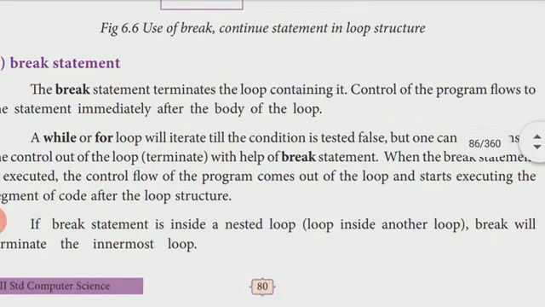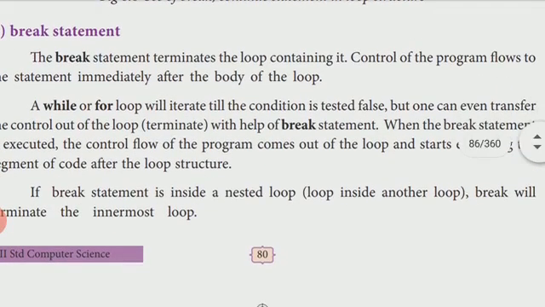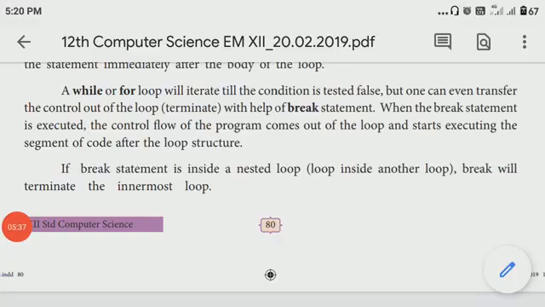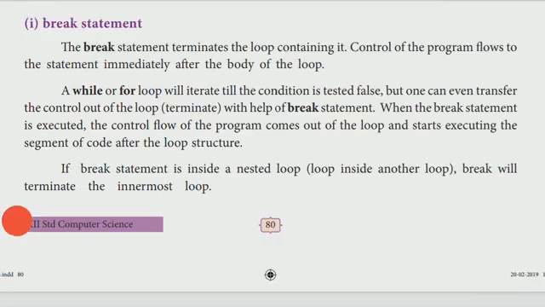Now we can see the break statement. The break statement will terminate or end that particular loop, and after that it will come out of that loop. When you give the break statement, it will break the inside nested loop, that is a loop inside another, which we are using.